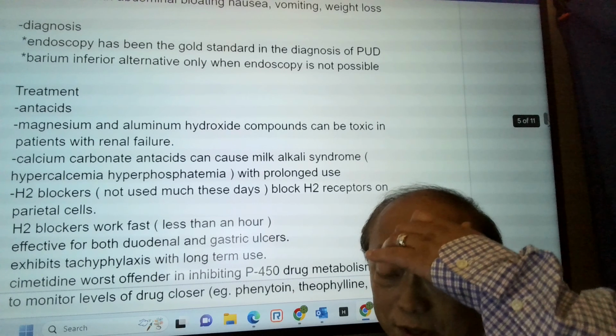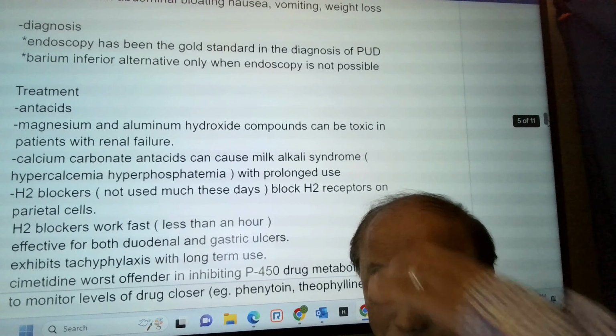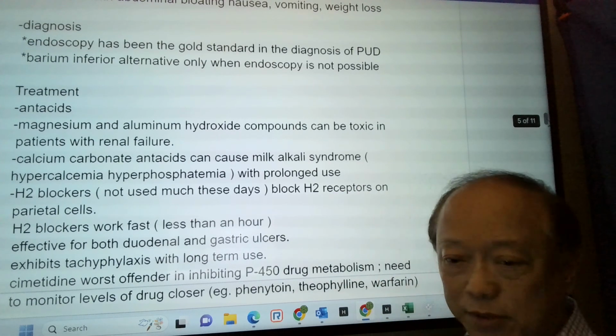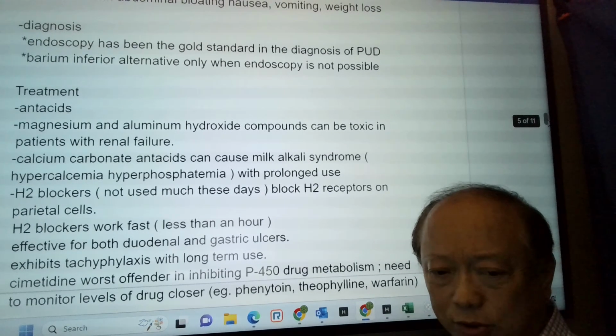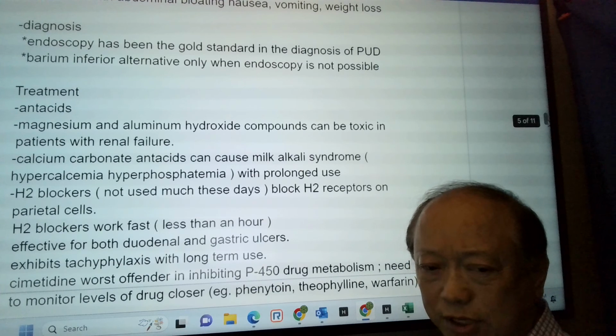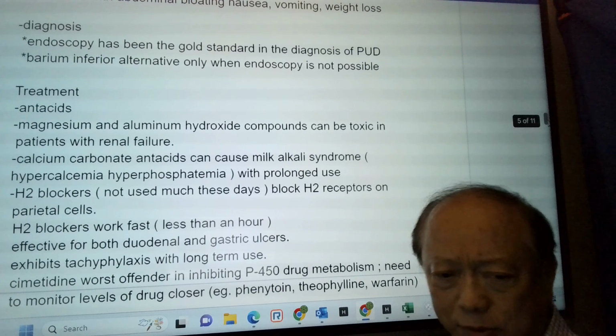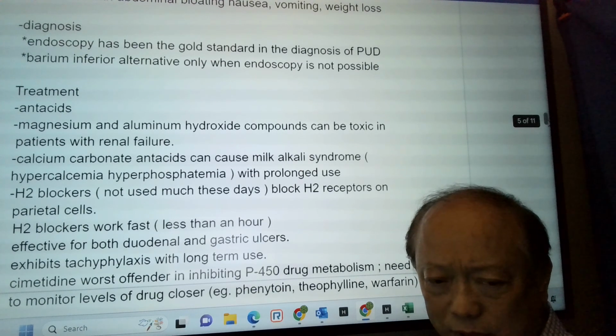Cimetidine is the worst offender of the P450 drug metabolism problem. You need to monitor levels of drugs closely. So very seldom do people use cimetidine anymore.